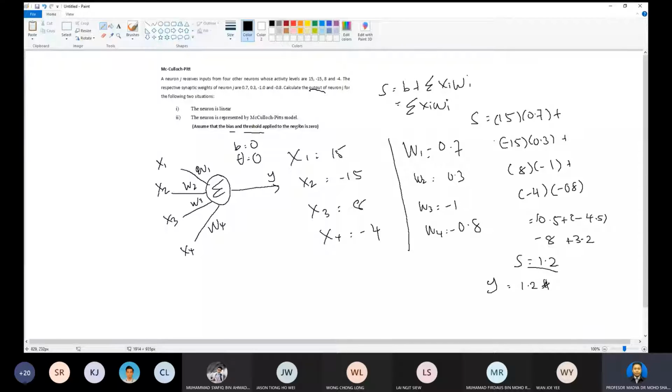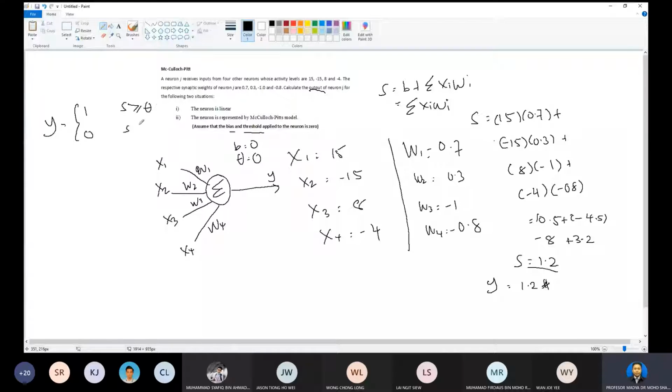Okay, question number 2. Represented by McCulloch and Pitts. After we calculate this one, we have to compare. Remember, for McCulloch-Pitts we have the condition of y, 0 and 1. If S is greater than or equal to the threshold, y equals 1.